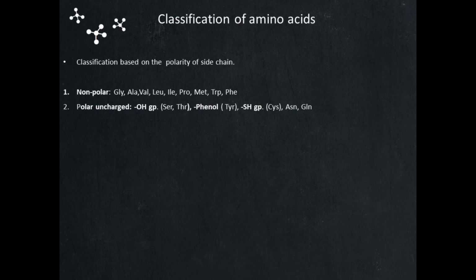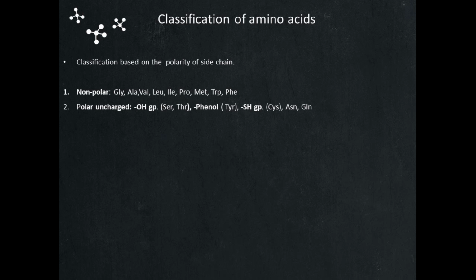Second, we have polar uncharged amino acids. These include serine and threonine, which have a hydroxyl group in their side chain, tyrosine, which has a phenol group in its side chain, cysteine, which has an SH group, and asparagine and glutamine.